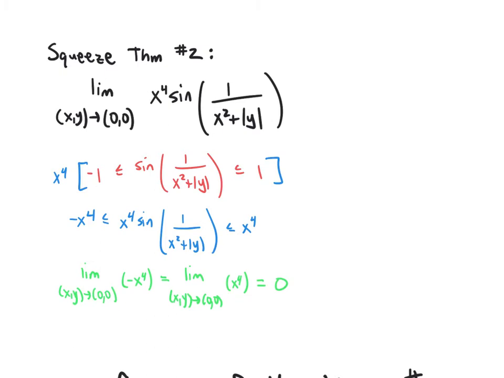Okay, so we've shown by the squeeze theorem that since both the left and the right have limits of 0, the inside must also have a limit of 0. So we can make our statement that therefore the limit as x, y goes to 0, 0 of x to the fourth sine of 1 over x squared plus absolute value of y is also 0 by the squeeze theorem.